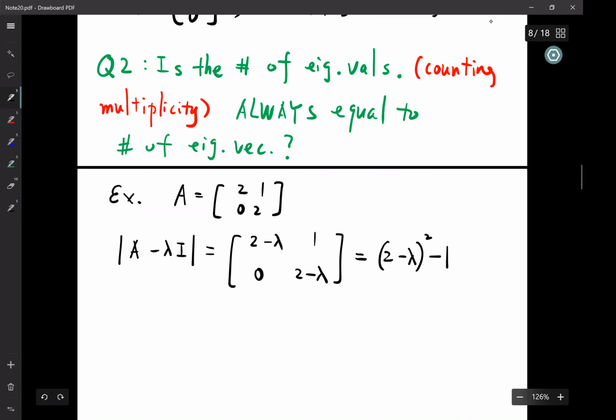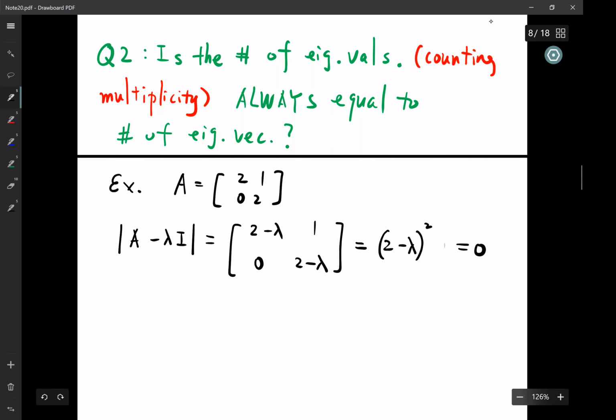And the determinant is 2 minus lambda squared minus 0 times 1, so 0. So I found that lambda equal to 2 is an eigenvalue, and it has multiplicity 2.